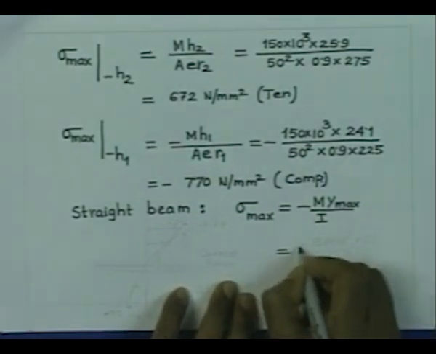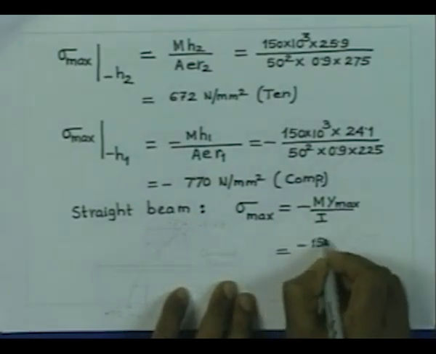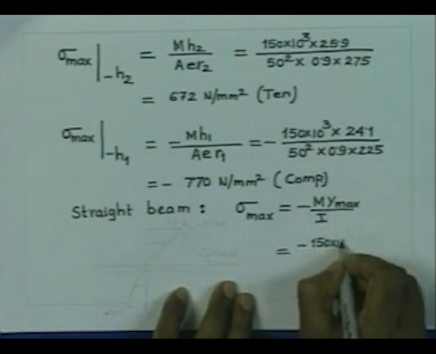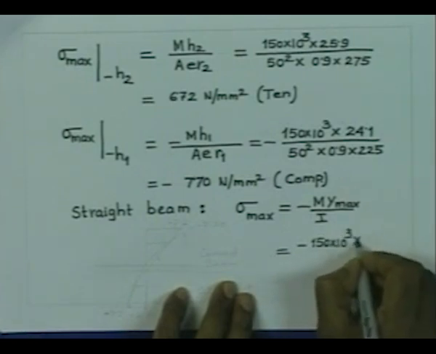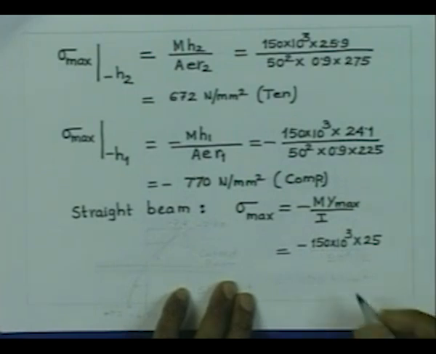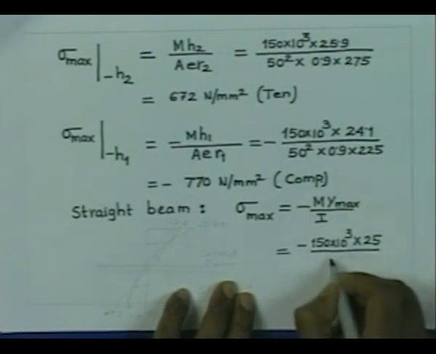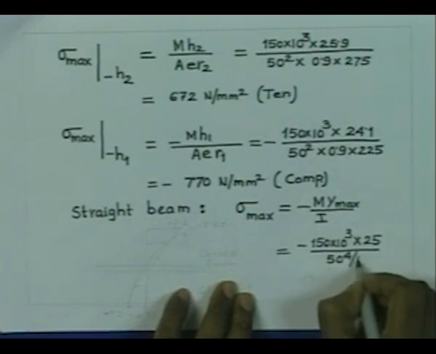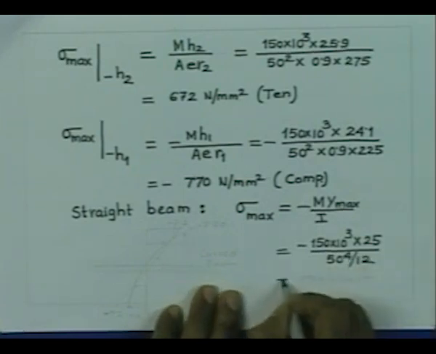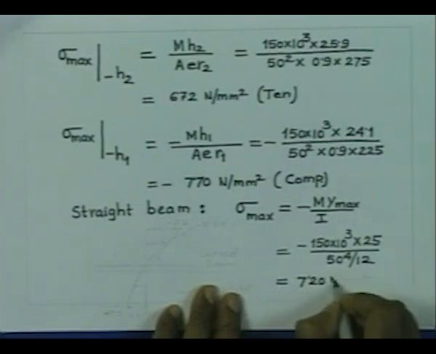So, you can substitute now 150 into 10 to the power 3 for the moment, and this fiber distance is 25 for both the top and the bottom fiber, and the moment of inertia is nothing but 50 raised to the power 4 divided by 12, and this gives us 7.20 Newton per millimeter square.